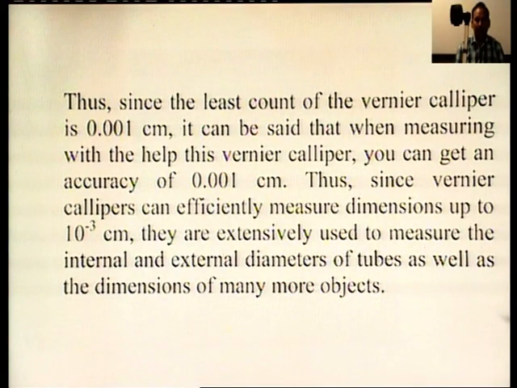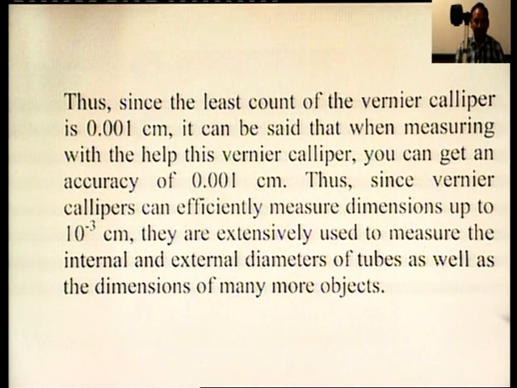Thus, since the least count of the vernier caliper is 0.001 centimeters, it can be said that when measuring with the help of this vernier caliper, you can get an accuracy of 0.001 centimeters.